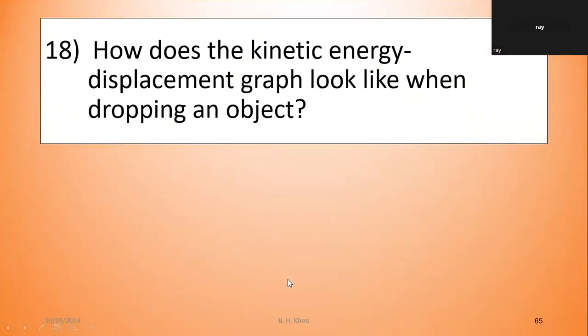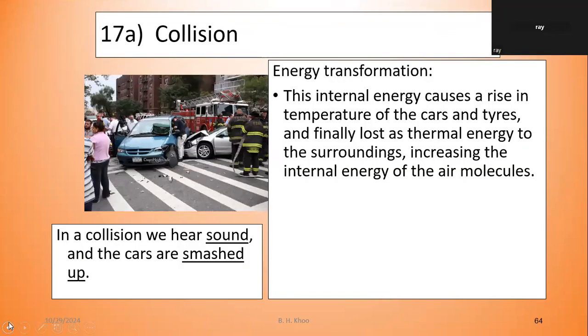Can I ask something? I thought deformation is chapter 6. Deformation, you do work to smash up the parts, the car bonnet, or whatever is smashed up.